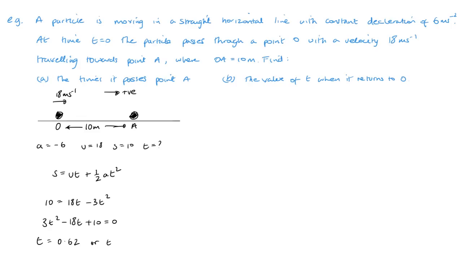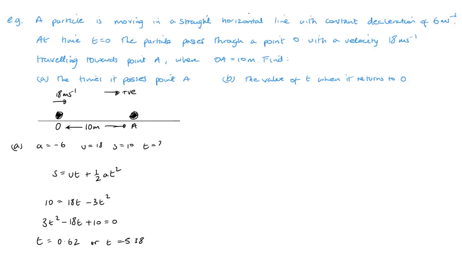You should actually do a little bit of working out. What I would always suggest in these cases is, write down the formula and then stick these two answers in afterwards. So it's 2 times and both are correct. What it means is that it passes point A at 0.62 seconds, carries on until it slows down to 0, then starts back and passes A on the way back at 5.38 seconds.